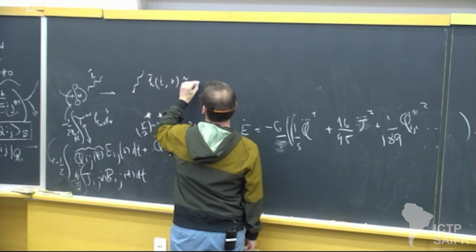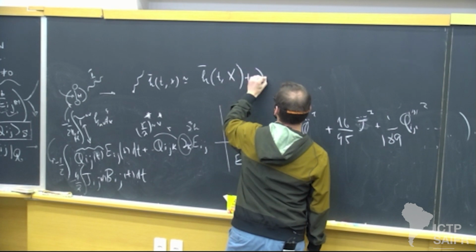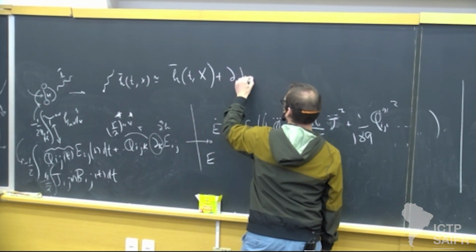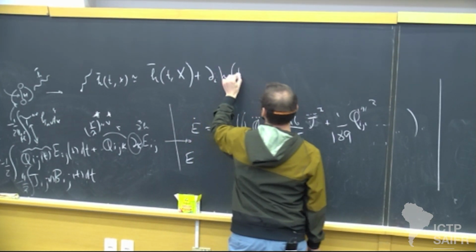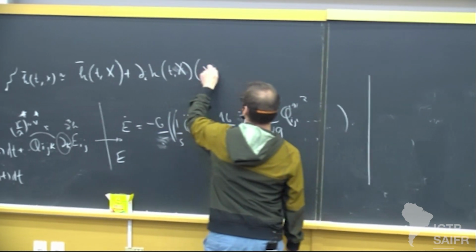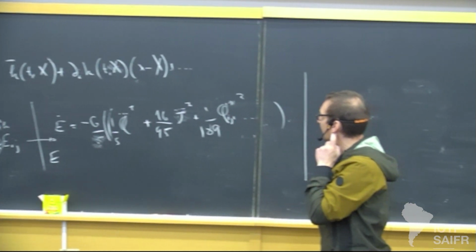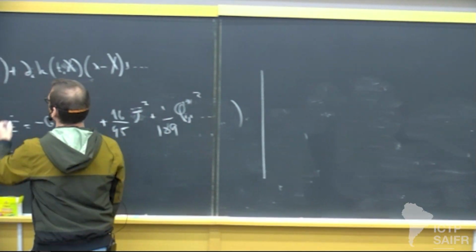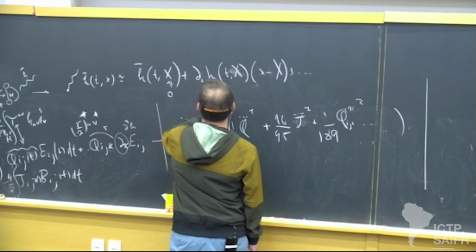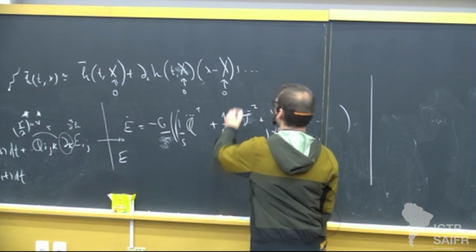But I'm going to expand it near the center of mass. Big X, x minus X. And I'm going to go to the center of mass, so I'm going to set this to 0. And dot, dot, dot.